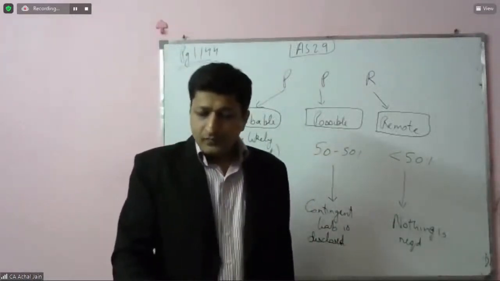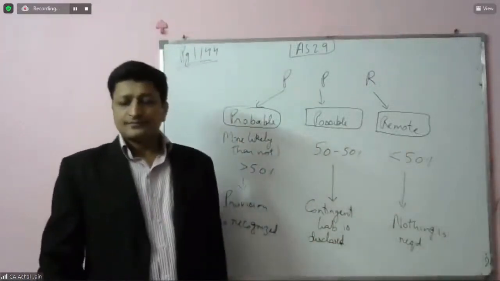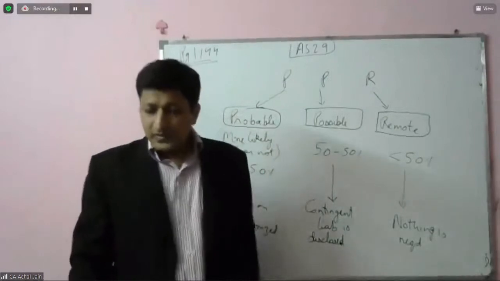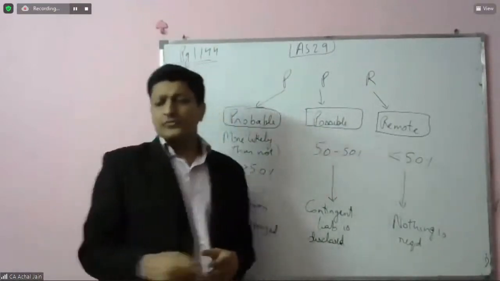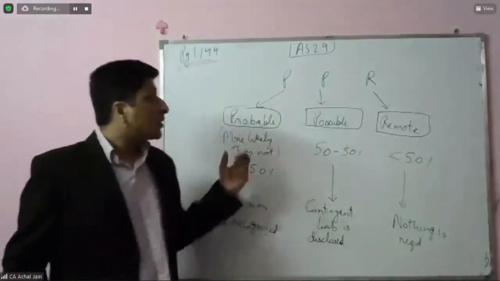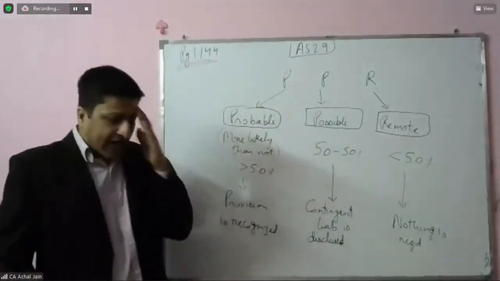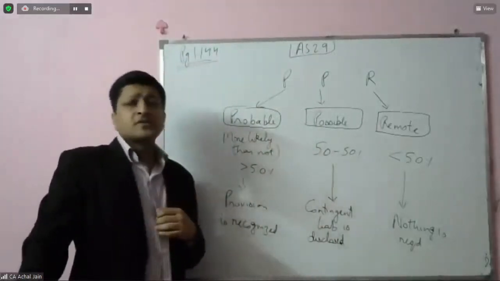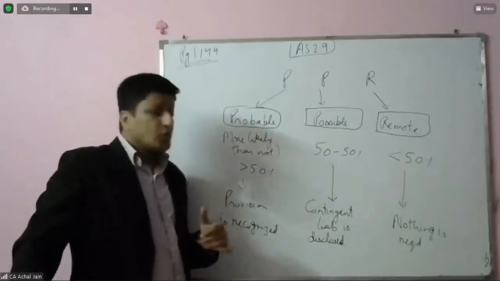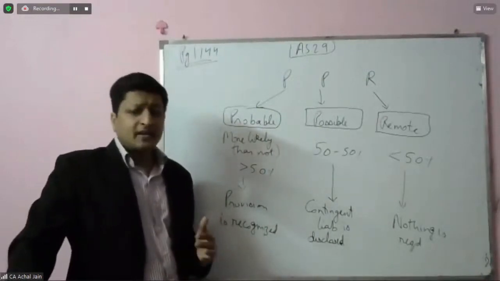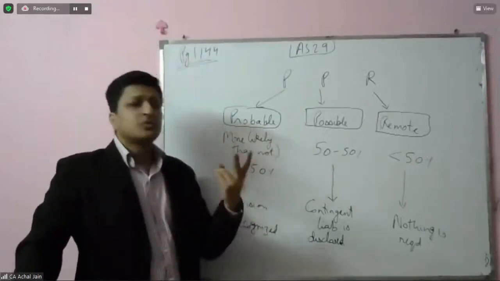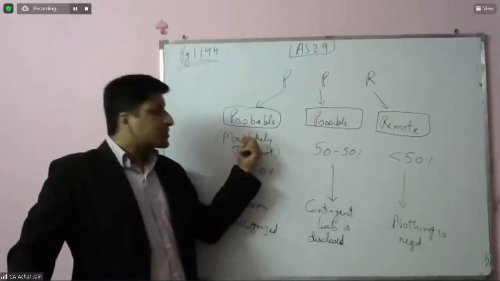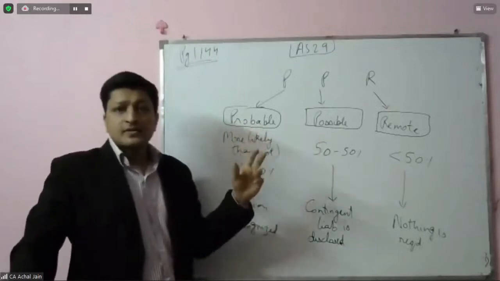Okay. Clear on this point? This is called PPR analysis. Practically, when you approach any of these things, you call it PPR analysis. And for the purposes of this standard, you will also need to understand that this standard largely deals with two things: provisions and contingent liabilities.